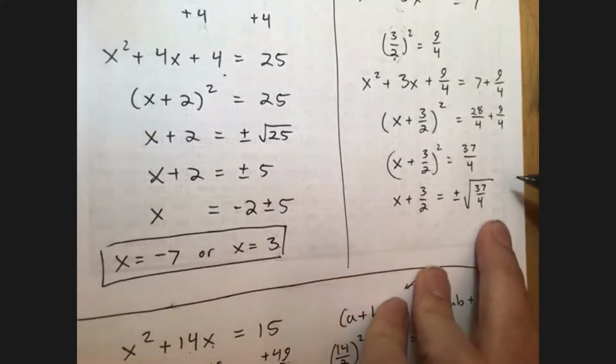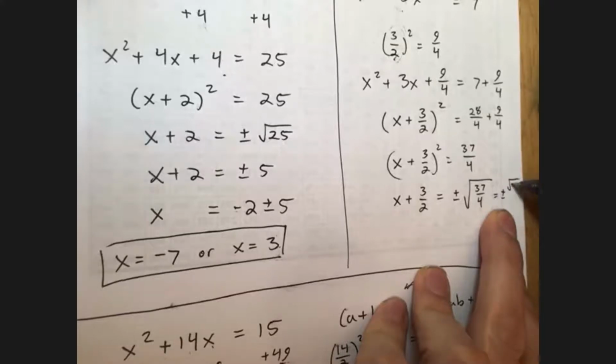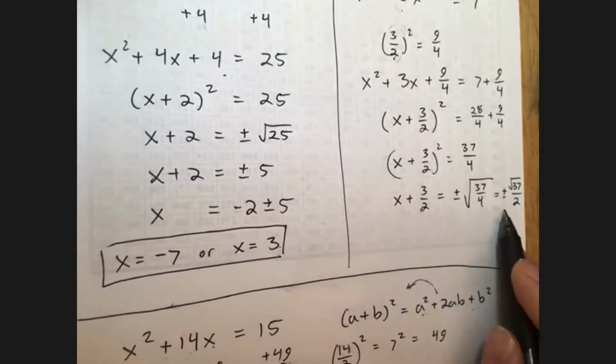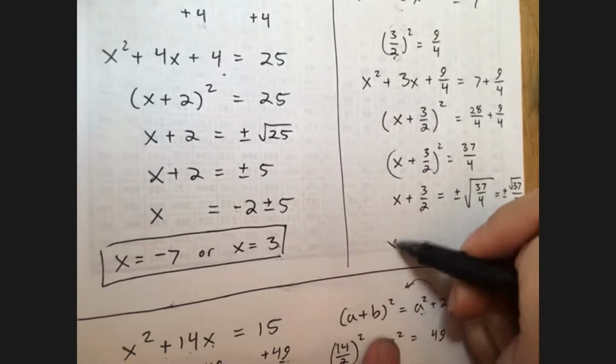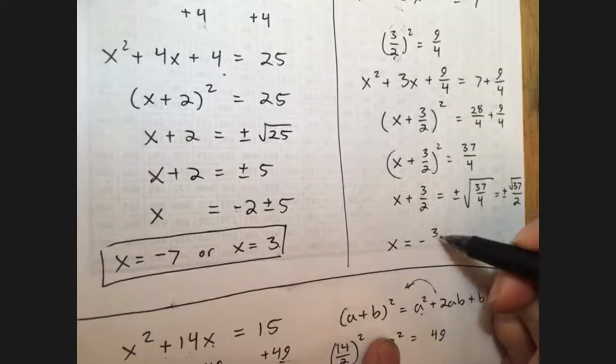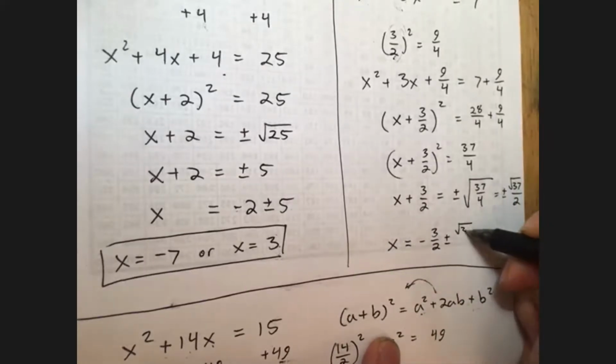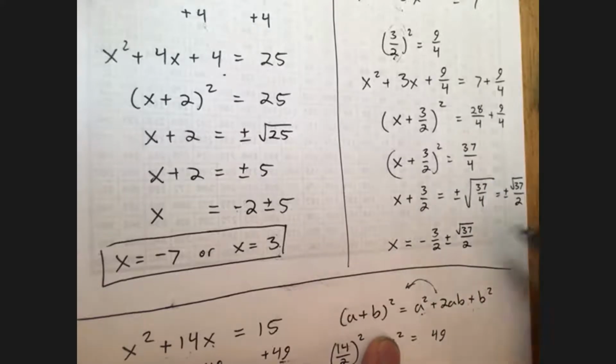And that's equal to plus or minus the square root of 37 divided by the square root of 4. But the square root of 4 is just 2. So if I subtract 3 halves from both sides, I get negative 3 halves plus or minus the square root of 37 over 2.